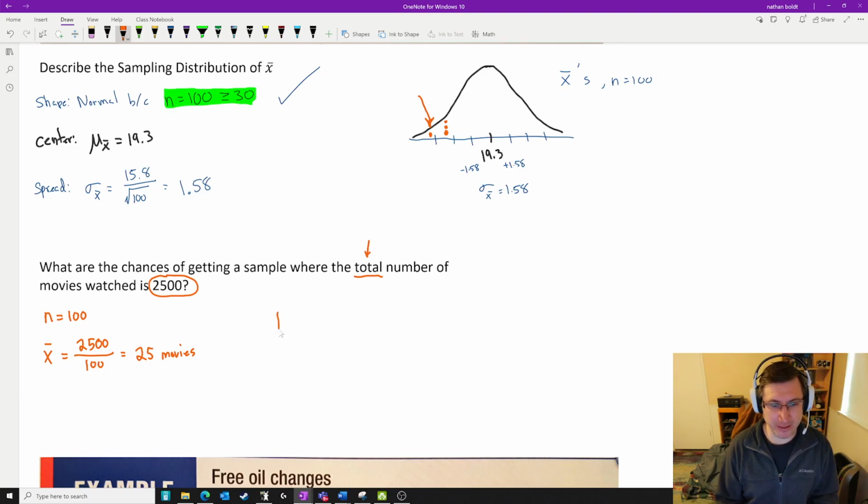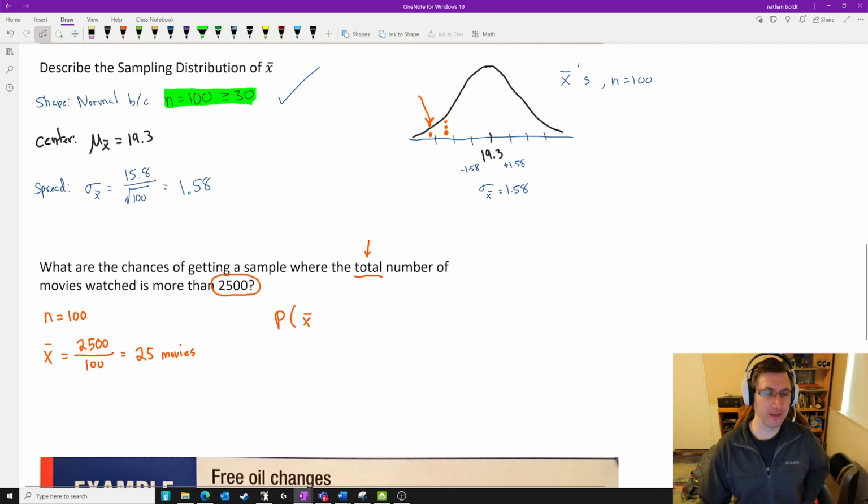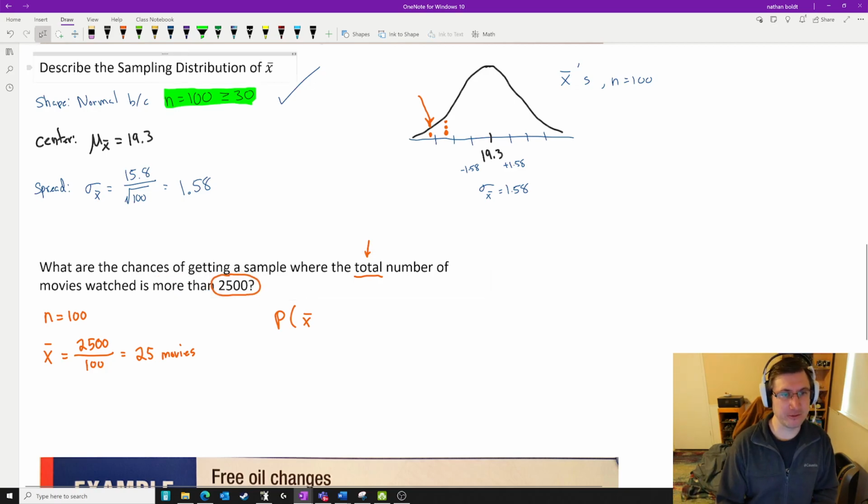So now we're going to find the probability that X bar is, oh, I got to put more than, not exactly. Oops. More than or less than. What should we do, everybody? More than or less than, let's go more. All right, more than. We can't have discrete values here, right? There we go. More than 2,500.